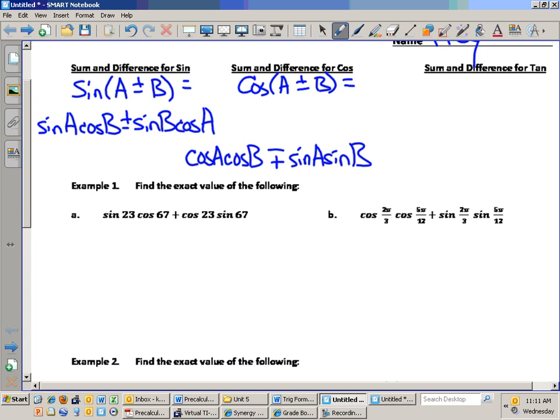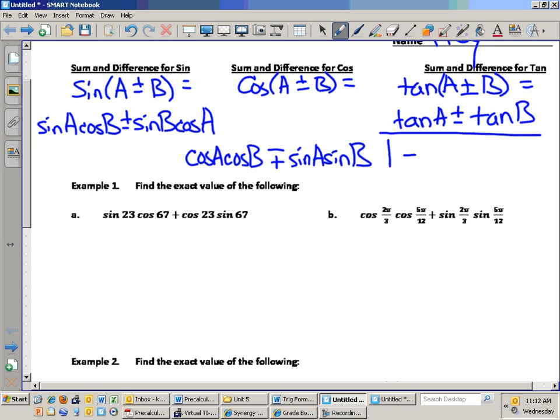And finally, my last one, the tangent of a plus or minus b is equal to the tangent of a plus or minus the tangent of b divided by 1 minus the tangent of a times the tangent of b. There we go.